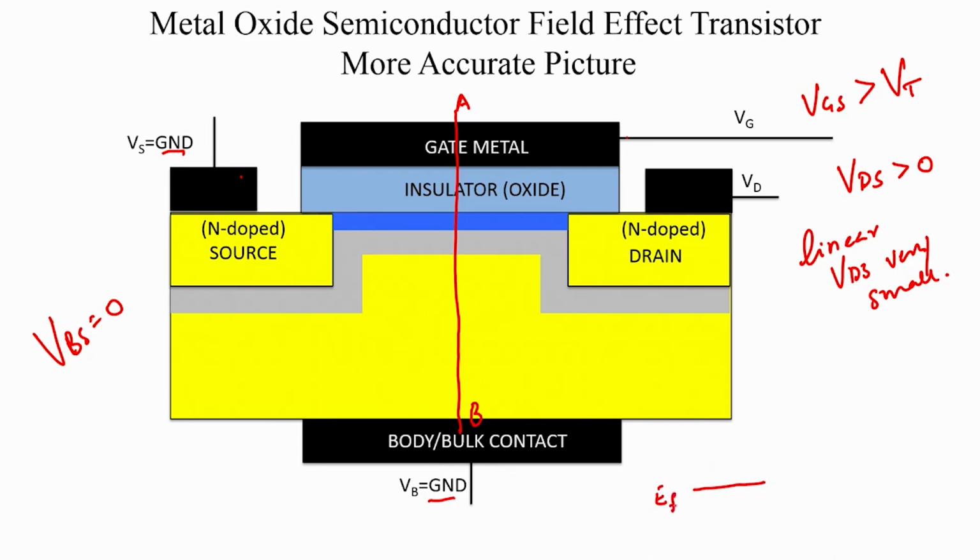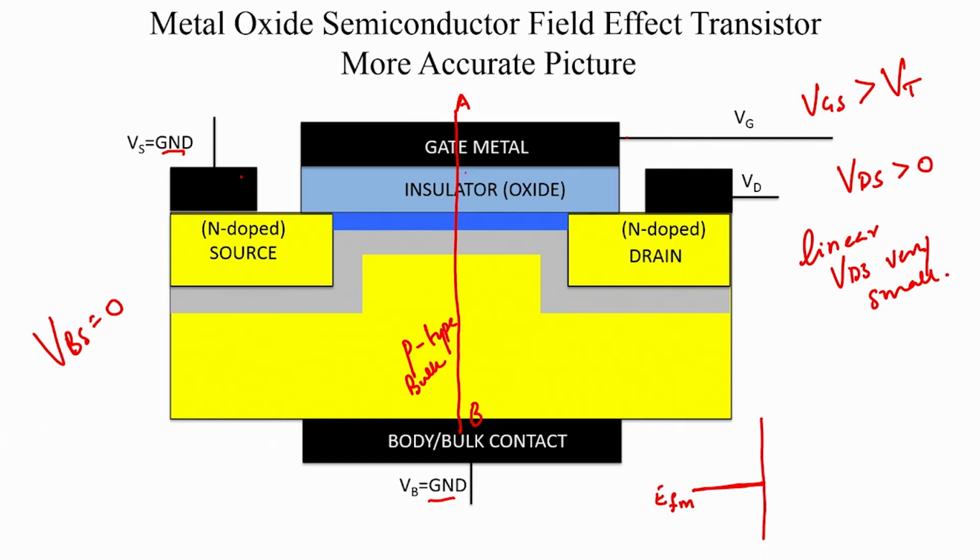We have applied a positive voltage to this device. Since you have a P type bulk, you have applied a positive voltage, which means you have suppressed the Fermi level of the metal, and then you have the insulator.